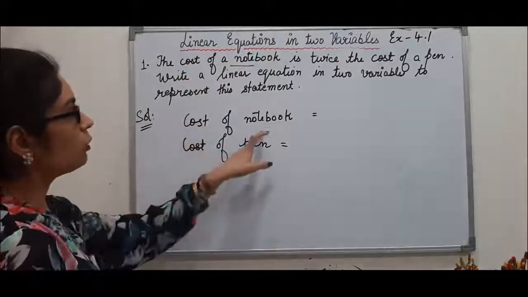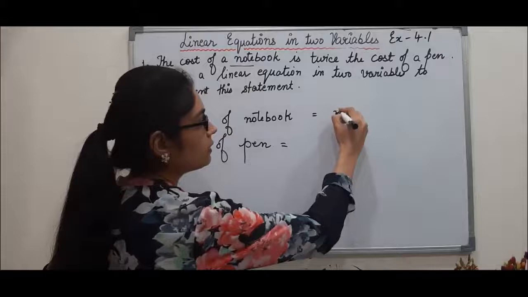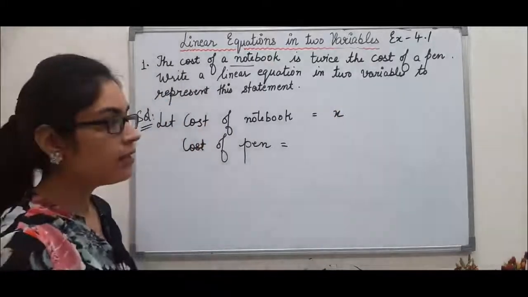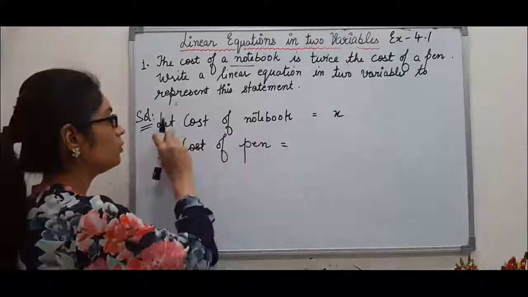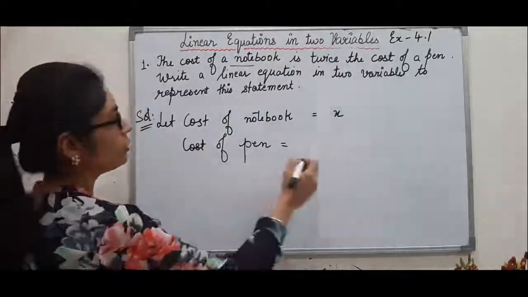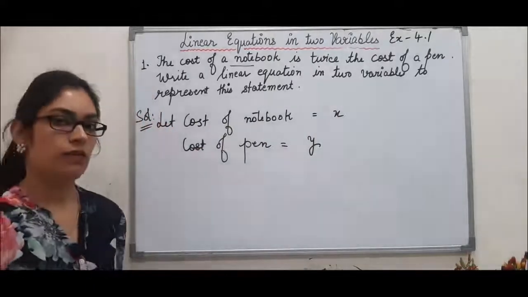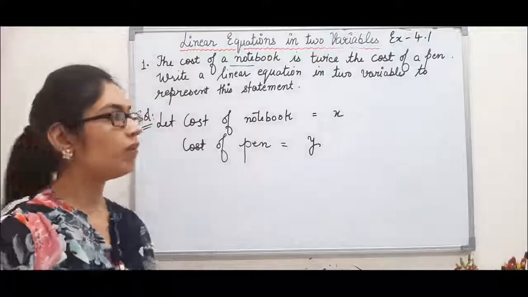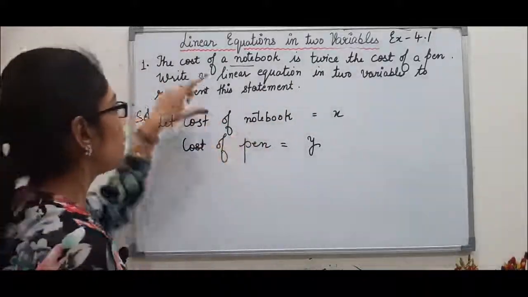So let the cost of notebook be x. This hint is also given in your book, but you can also assume directly: let the cost of notebook equal x and the cost of pen equal y. Then making the linear equation is very simple. You just have to read this line and put the signs accordingly.